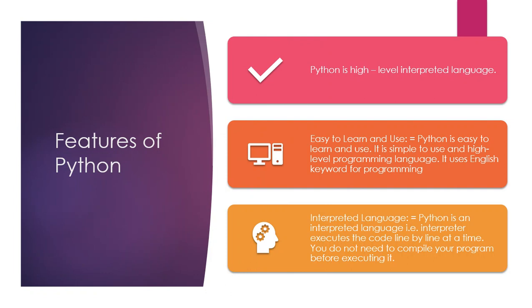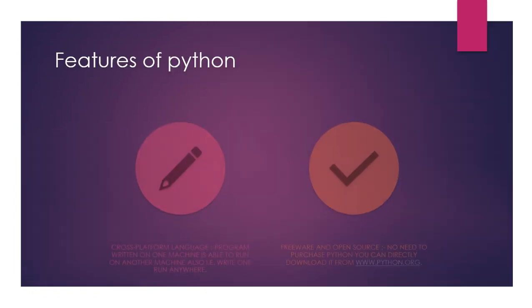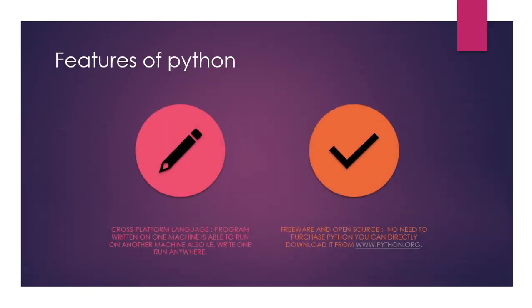The other feature of Python, friends, is that it is a cross-platform language, which makes it platform independent. What is the meaning of cross-platform? Suppose you are developing an application and you are worried about whether it will work on another machine or not.